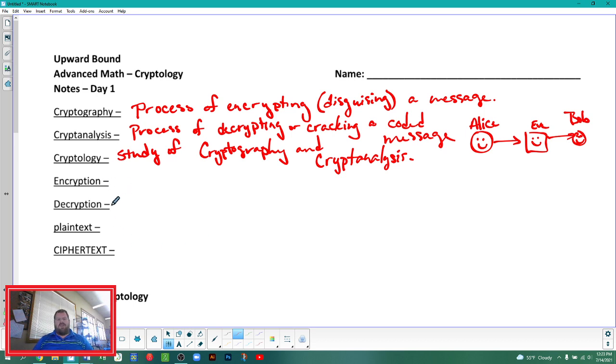So I'm going to let you fill in these two. I'm just going to talk about them verbally here. Well, I'll probably write something, but there's three heads to this cryptology dragon, if you will.